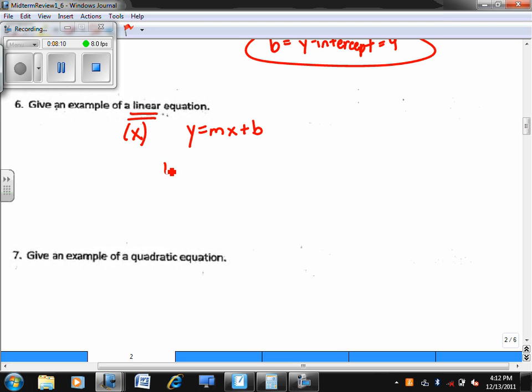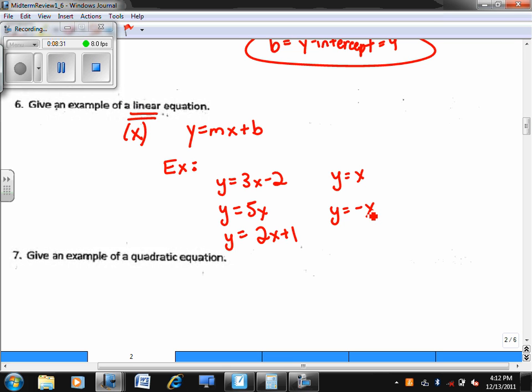So, examples. We could have y equals 3x minus 2. We could have y equals 5x. We could have y equals 2x plus 1. Y equals x. Y equals negative x. All of those are linear equations.